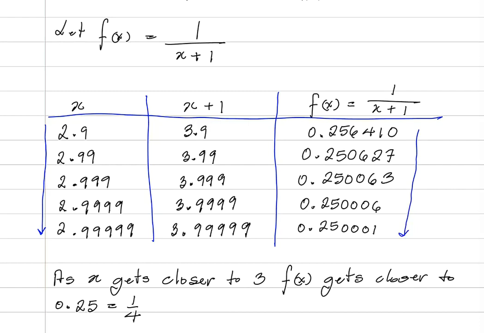At the bottom, where x is 2.99999, which is very, very close to 3, f of x is 0.250001, which is close to 0.25, or close to a quarter. So as x gets closer to 3, f of x gets closer to 0.25, which is a quarter.